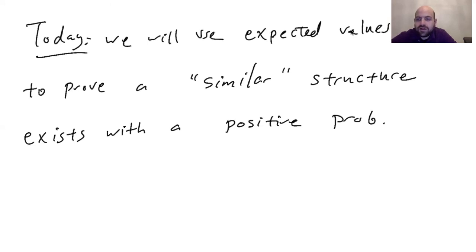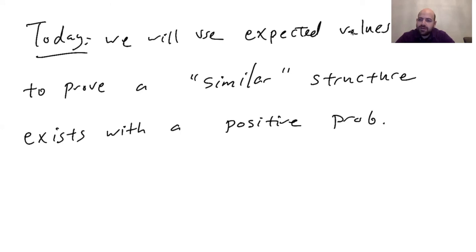So far when we use the probabilistic method, we saw that in order to prove existence of a structure with a desired property, we can show that such a structure exists with positive probability, and that proves its existence.